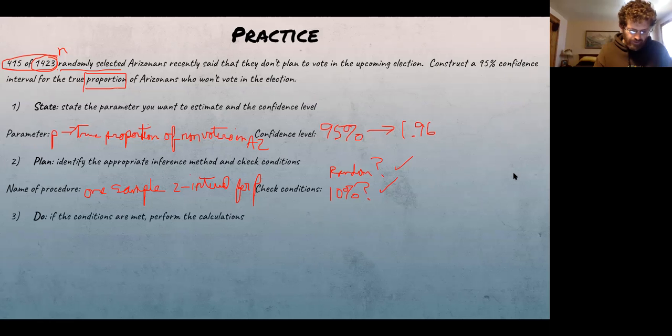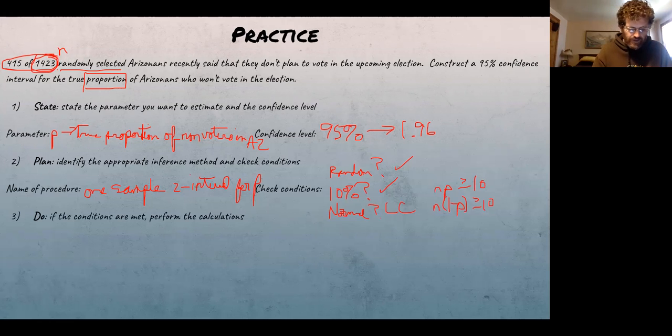And the last one, is it normal? So for us, that means does it meet the large counts condition. And n times p and n times 1 minus p both have to be greater than or equal to 10. Now, with this big of a sample size, yes, it is big enough, okay?